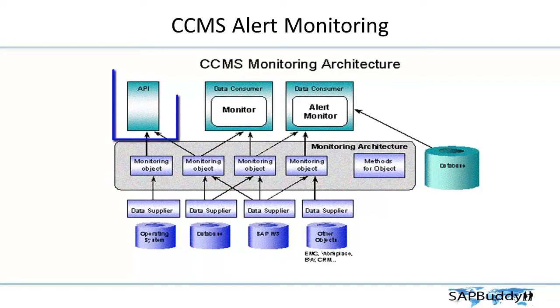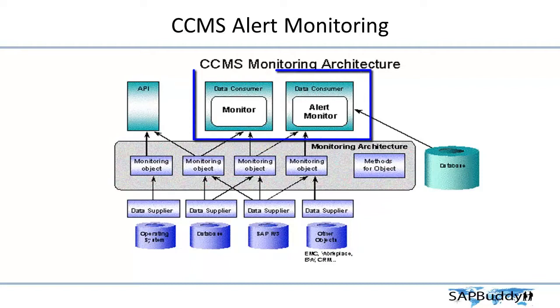Also, it has an API, using which you can do further developments in the CCMS views. And this is the API which will be used for your monitoring here. The monitoring structures of this CCMS are used by this particular API.